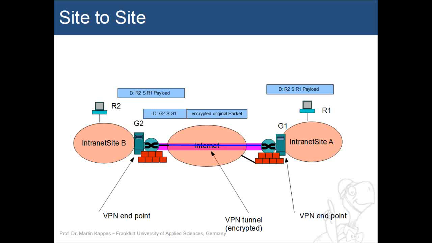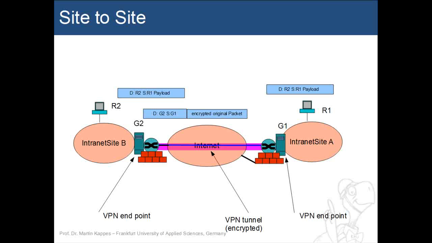VPNs can not only be employed to guarantee a safe and secure seeming direct point-to-point connection between a single machine and a gateway. VPNs can also connect two gateways with each other, and this is shown in the example depicted up here.